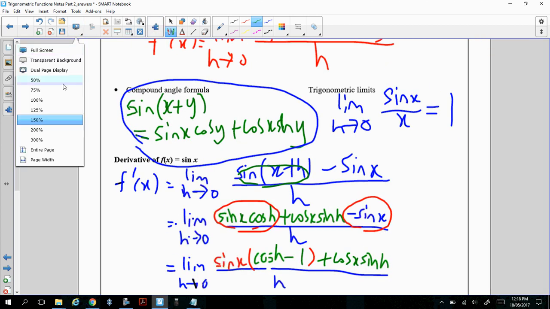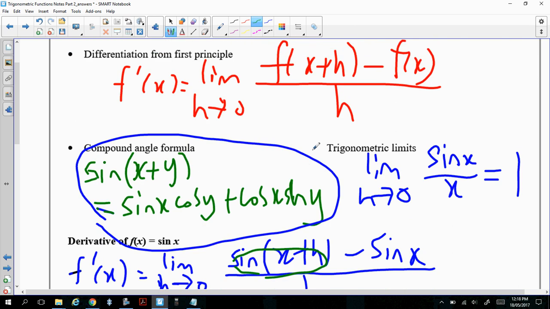There's a double angle formula for cos: cos 2x equals 1 minus 2 sine squared x. We'll have to use this as well.